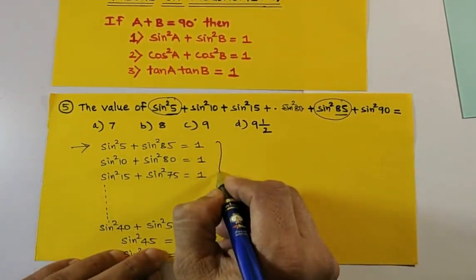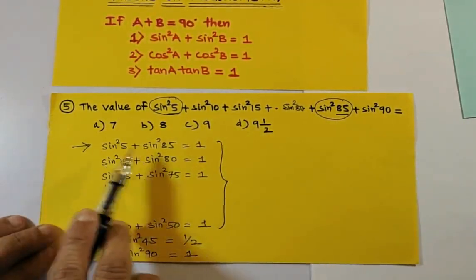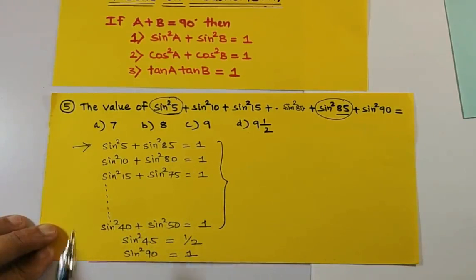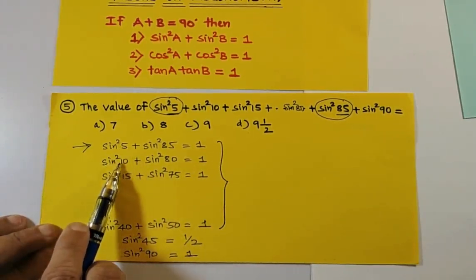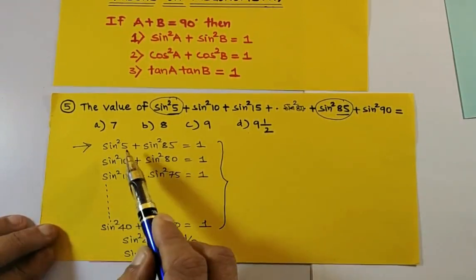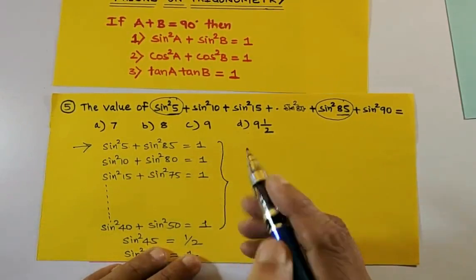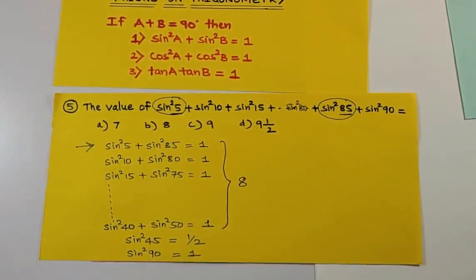So if you add these terms, how many ones will be there, can you guess? If you observe 5, 10, 15, 20, 25, and so on up to 40, that means 5 times 8 is 40, so the sum of all these ones will be equal to 8.